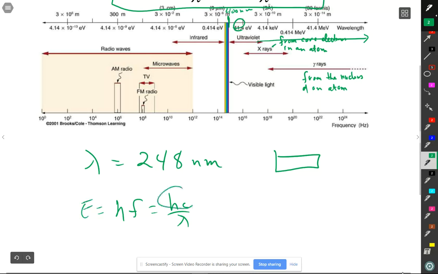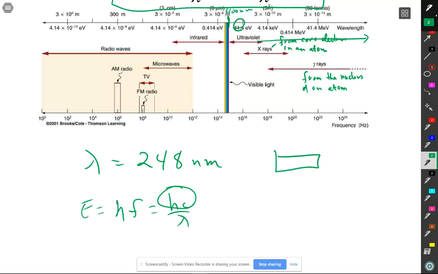And so I had to take hc and divide by the wavelength. h is 6.626 times 10 to the minus 34 joule seconds, multiplied by c, the speed of light, 3 times 10 to the 8 meters per second. That's going to give me units of joules, and then divide by wavelength in meters.